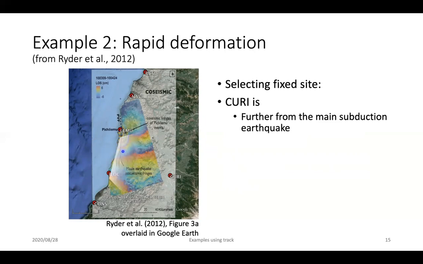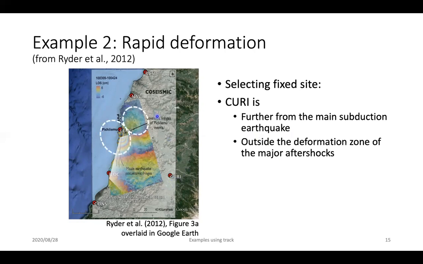Number one, there was this main subduction earthquake highlighted here in white shading. And we would like to be as far away from any post-seismic deformation as possible. It was a very large event, so it is possible that post-seismic deformation would also be occurring inland. But the further away we can get, the better, so that we are not corrupted by any after effects of the main subduction earthquake.